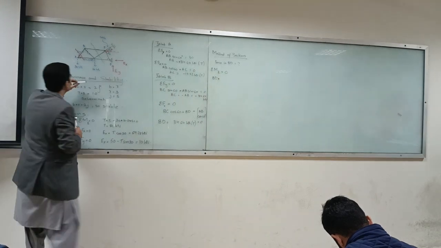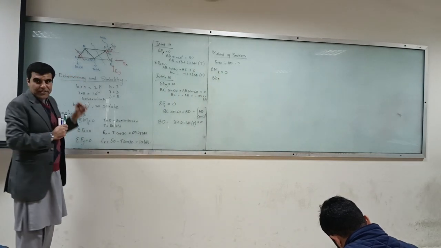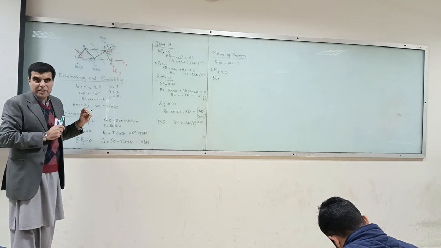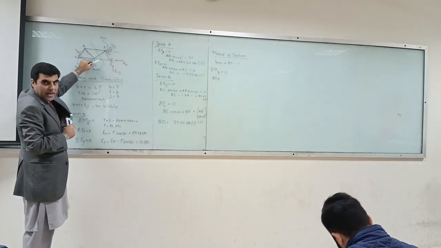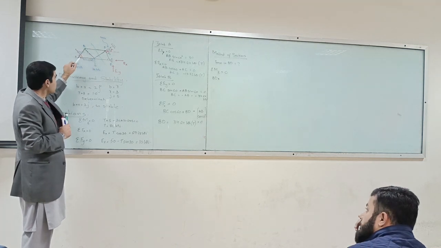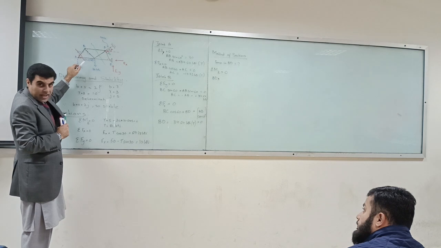What do you mean AC into 30? We are talking about method of sections. AC is not coming, this is your section plane, this is the cut plane. So AC is not coming in your cut plane.